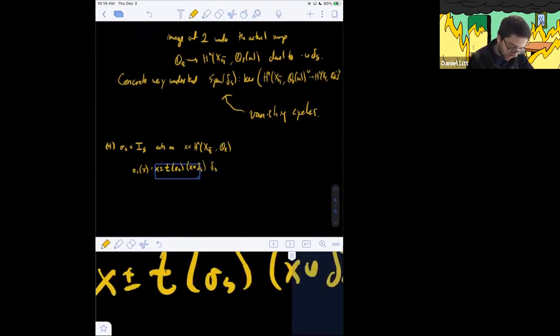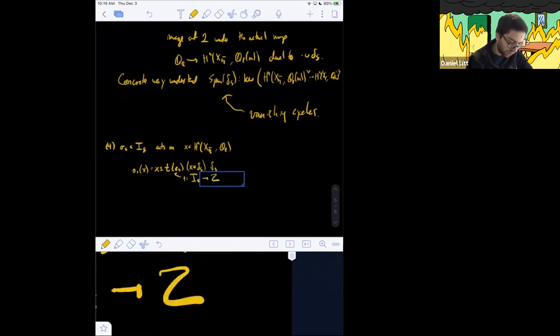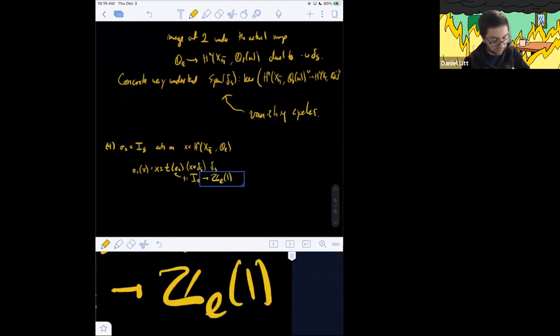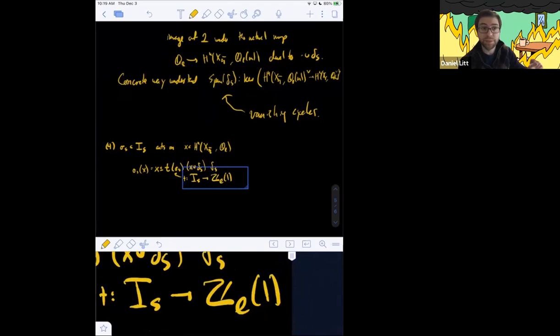Okay, so what is this t? This t is the natural map from the inertia group at S to ZL of 1. Now that we have talked a little bit about inertia groups, I can say more or less explicitly what this map is. Let's imagine we're over a field of characteristic 0 for a second, even though we're not.